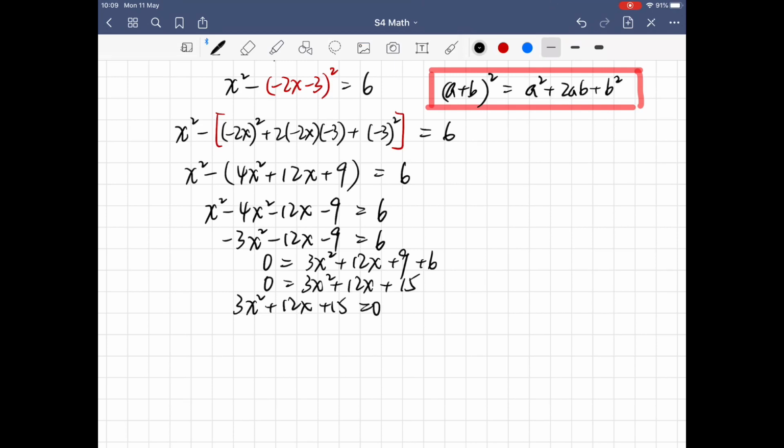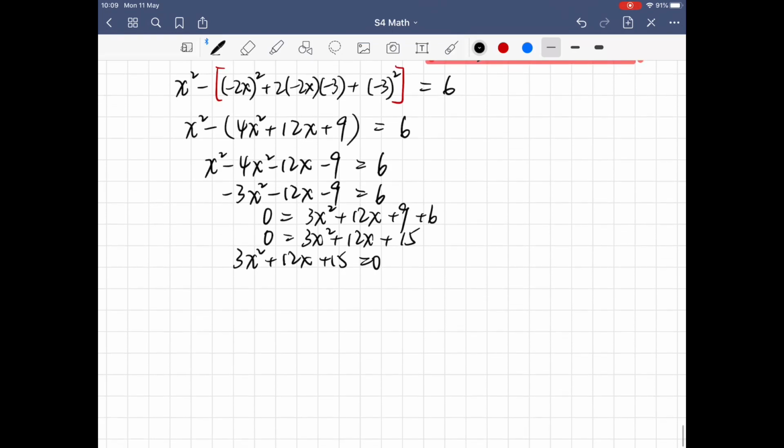And finally, we can divide both sides by 3, and we have x squared plus 4x plus 5 equals 0. Okay, and finally, we can solve this quadratic equation. Okay, but when you use the calculator to calculate it, it shows math error. That means there are no real roots.